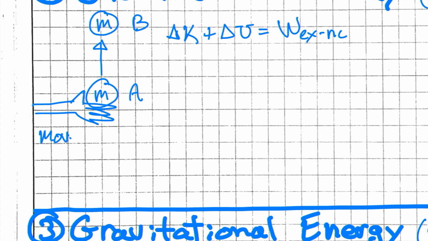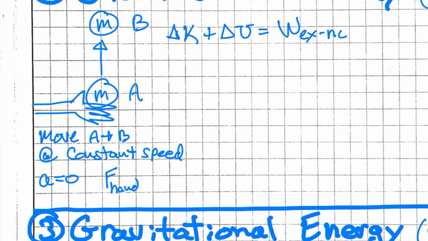Now, an important thing to note about this example is that when we move from A to B, we do this at constant speed. So our acceleration is 0, and because of that, we know that the force of the hand in magnitude is equal to the force of gravity in magnitude.